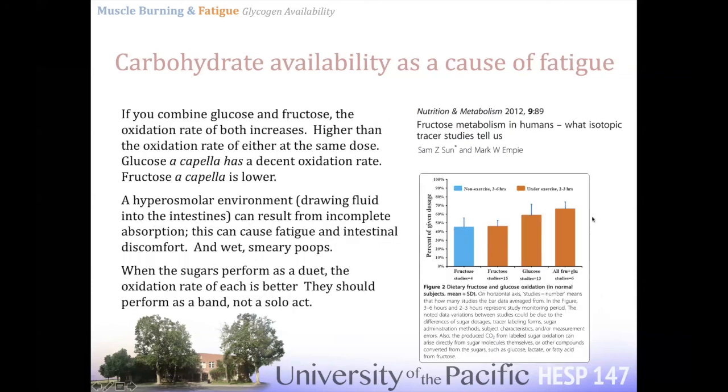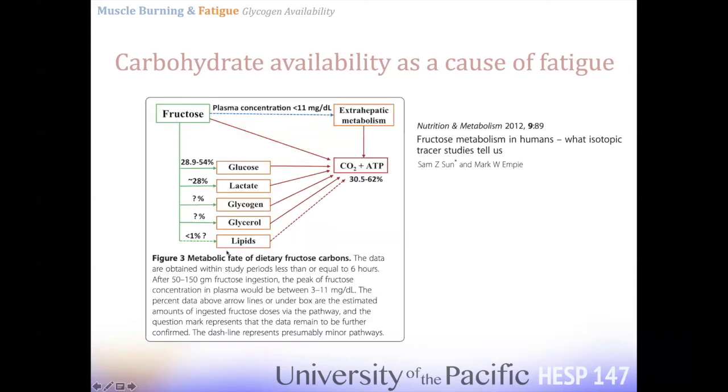And this is just looking at, if you combine, you're going to get better oxidation rates. Or if you just do glucose, just do fructose, glucose is a little bit better than fructose. Fructose isn't that good of a sugar. If you combine them, you're going to get a better oxidation rate. And fructose, there's the fates of these things. It doesn't really leave the liver.